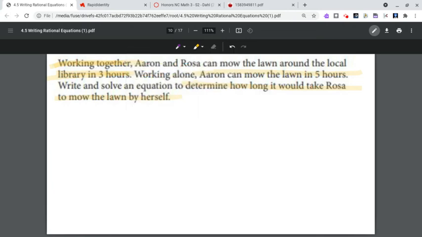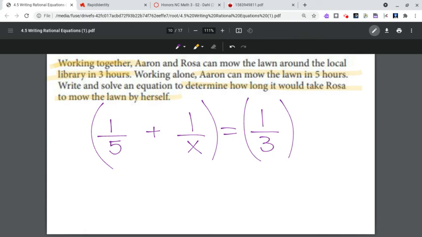Okay, so let's set it up. 1 over Aaron's time plus 1 over Rosa's time, that's our unknown, equals 1 over the time it takes them together. LCD, 5, an X, and a 3, we're going to use 15X. Distribute here, here, and here.